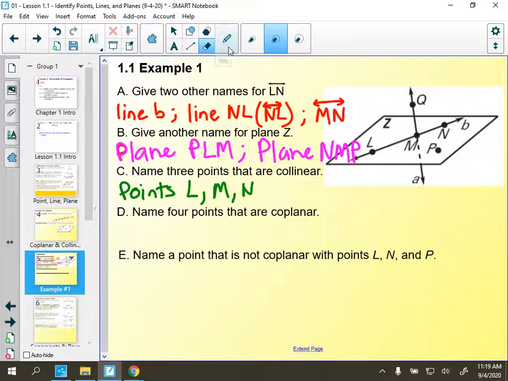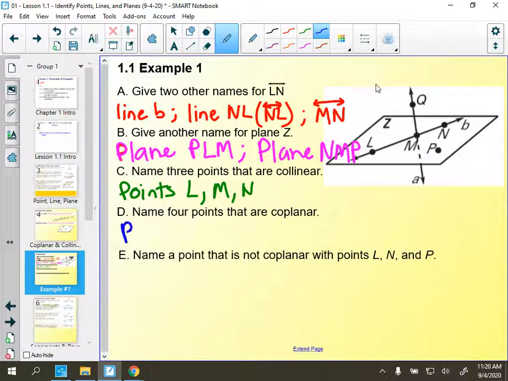I don't really have a ton of options. There are points L, M, N, and P, and those are really the only points that are in that plane. So if we list them out, similar to above, points L, M, N, and P. Those are our 4 points that are coplanar.